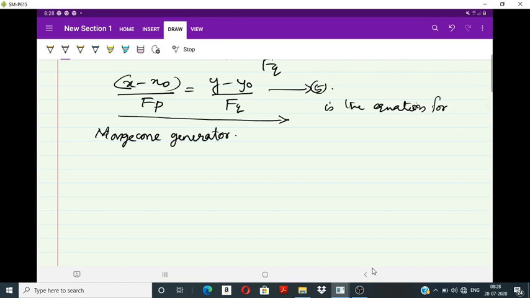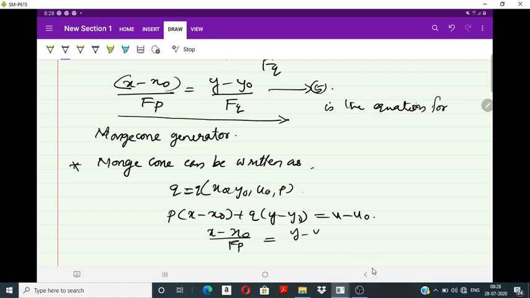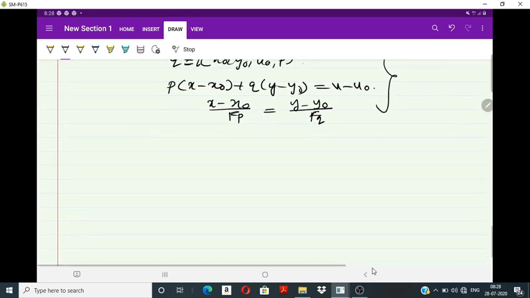So the Monge can be described by these equations: q is equal to q of x naught y naught u naught comma p, the equation of the tangent plane p into x minus x naught plus q into y minus y naught equal to u minus u naught, and the generator equation x minus x naught by fp equal to y minus y naught by fq. So these equations describe the Monge.